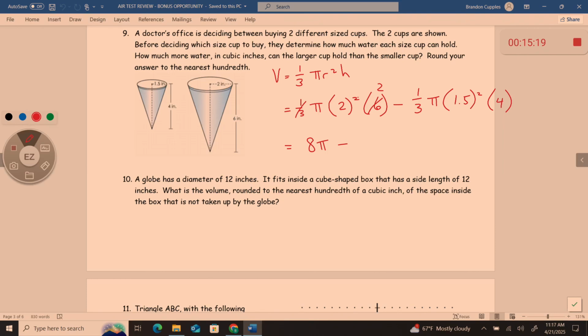If I go ahead and do, in terms of pi, this is going to be 2.25. And a third of 4 is going to be 1 1/3 times 2.25 gives you 3. And so the difference is 5 pi, which is approximately, it says nearest hundredths place, be aware of that, 15.71.